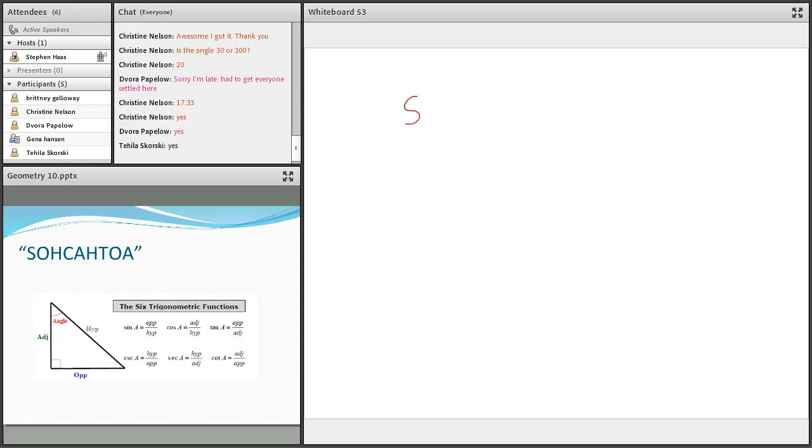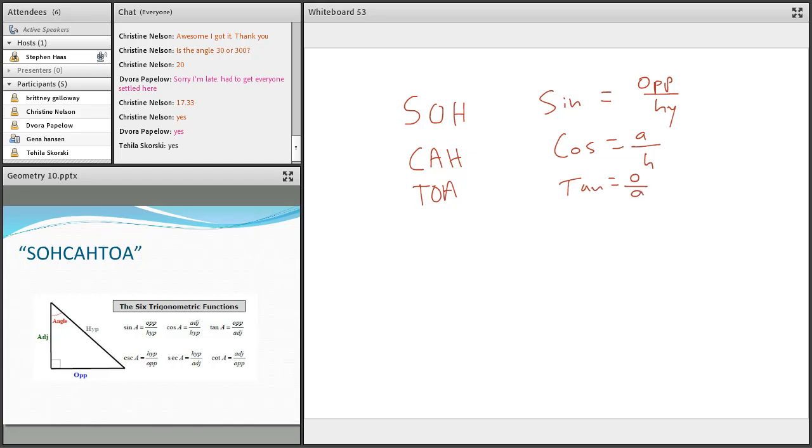Sine is opposite divided by hypotenuse, and then CAH means the cosine is the adjacent over the hypotenuse, and then TOA is the tangent equals opposite over adjacent.